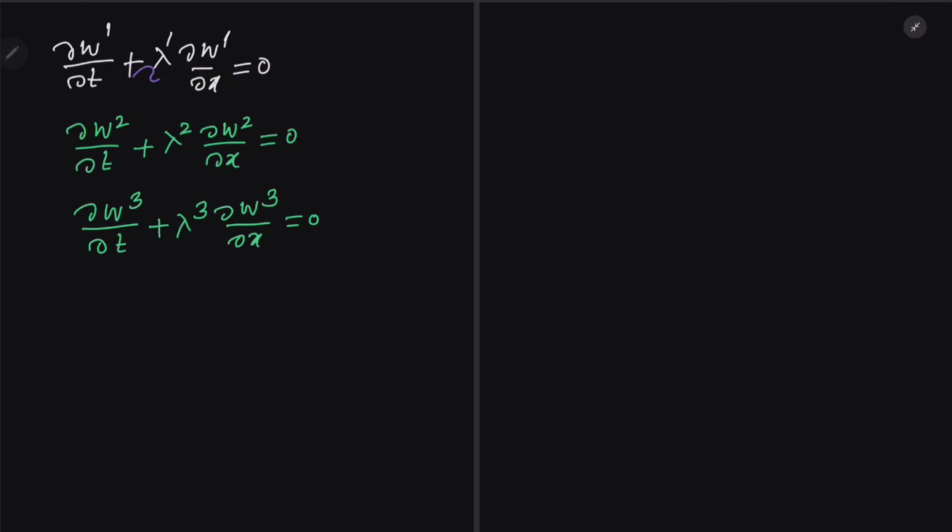Since this equation is in terms of W1, W2 and W3, the initial condition will also look like this. W naught x is equal to WP left if x is less than 0, and WP right if x is greater than 0. This is our initial Riemann problem in terms of W.